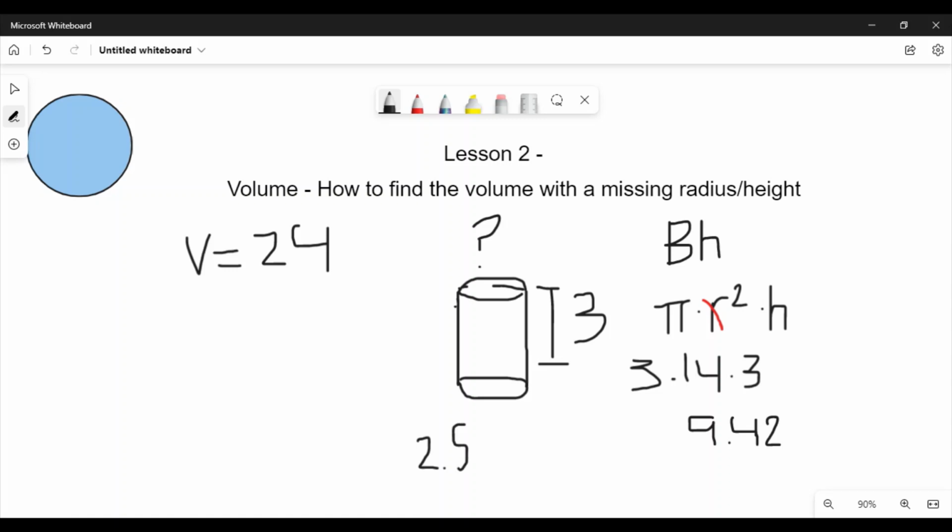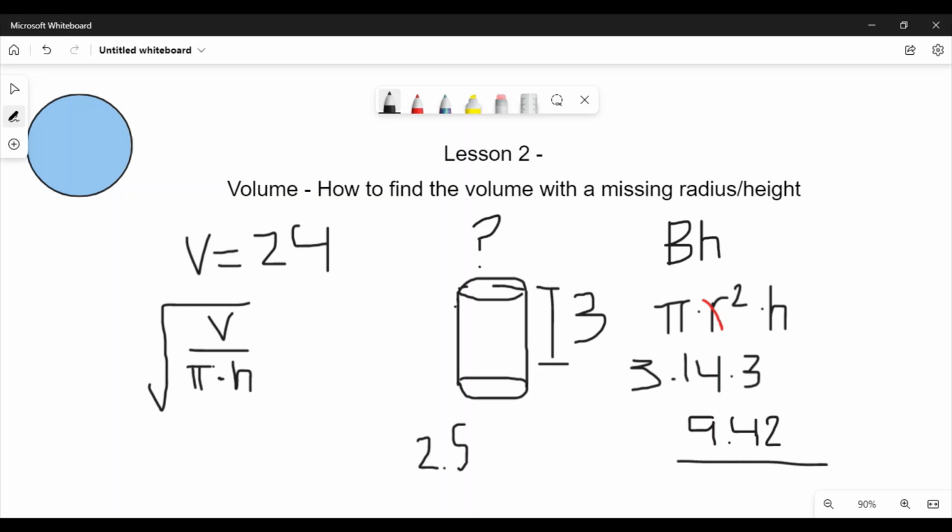But we're not done yet, because when we write it out like this, V divided by pi r squared h. Oh, I'm sorry. V divided by pi times h and the square root of that. So we already divided V by the pi times h.